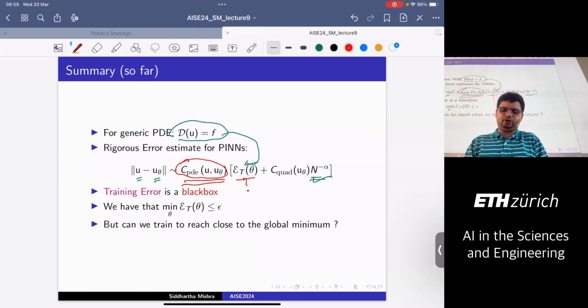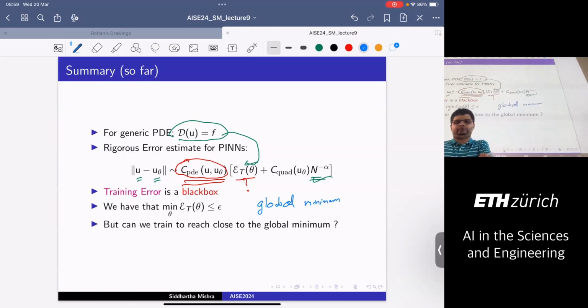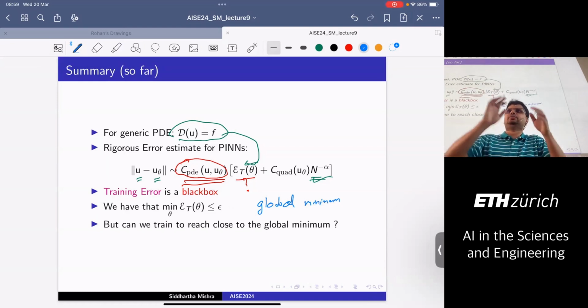After the break, all that we know from these general considerations is that there's a global minimum, and this is an important point, which is as small as you want, depending on the size of the neural network. But can we ever reach that?